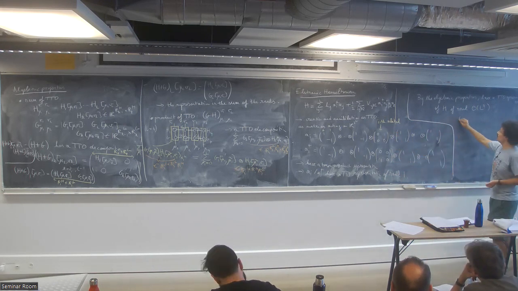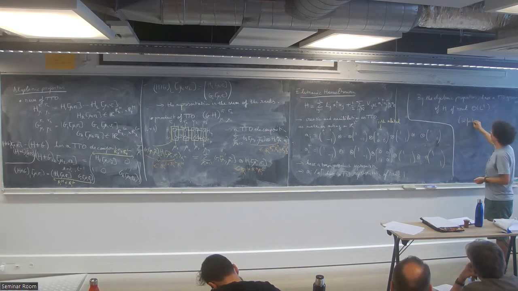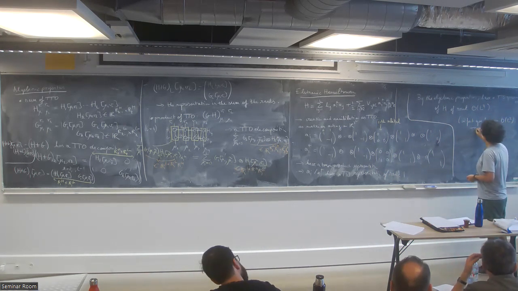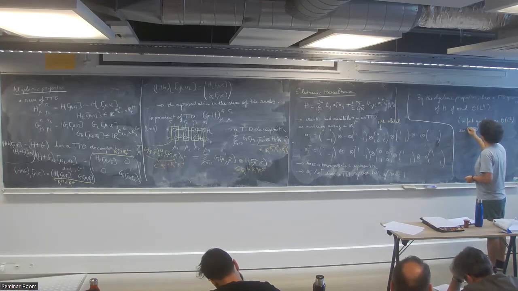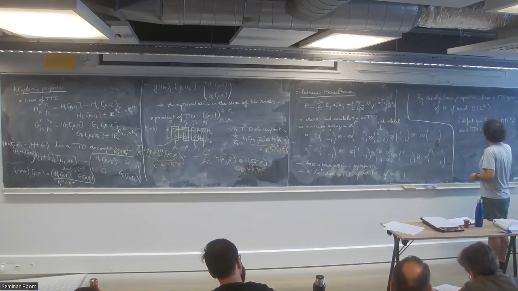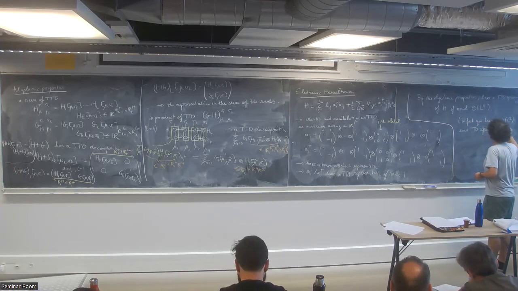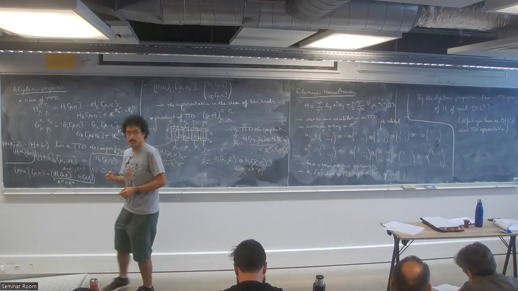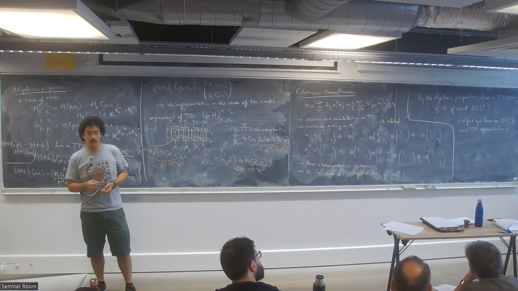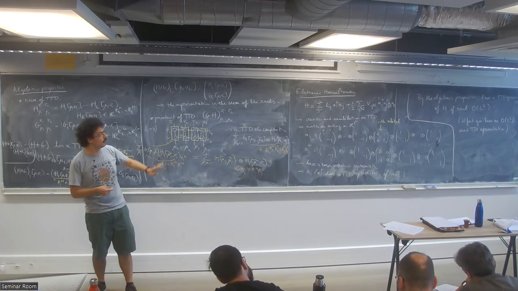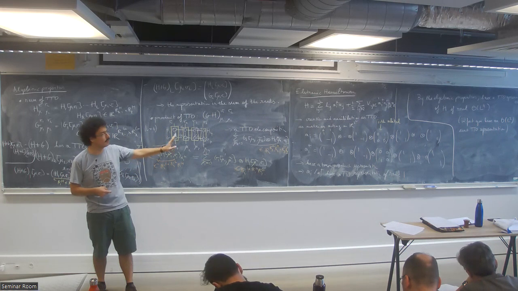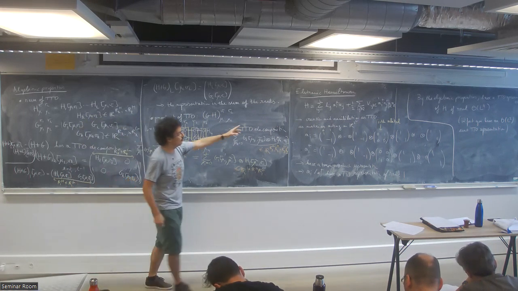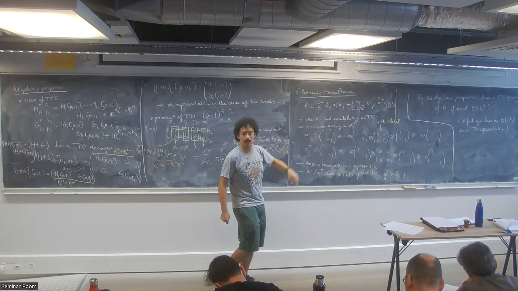And so in fact, you have a big O of L square exact TTO representation, which is, of course, much better. So you can start from this Hamiltonian and write the L square representation.